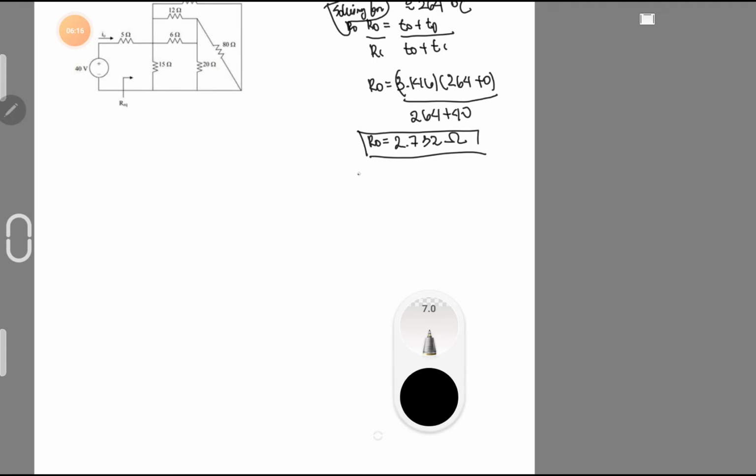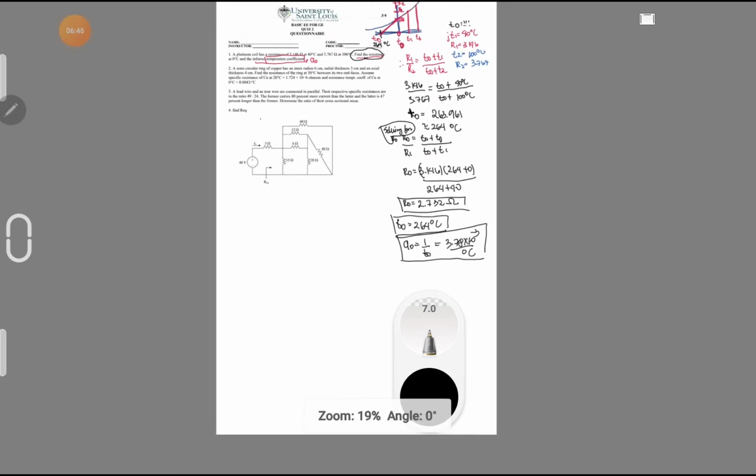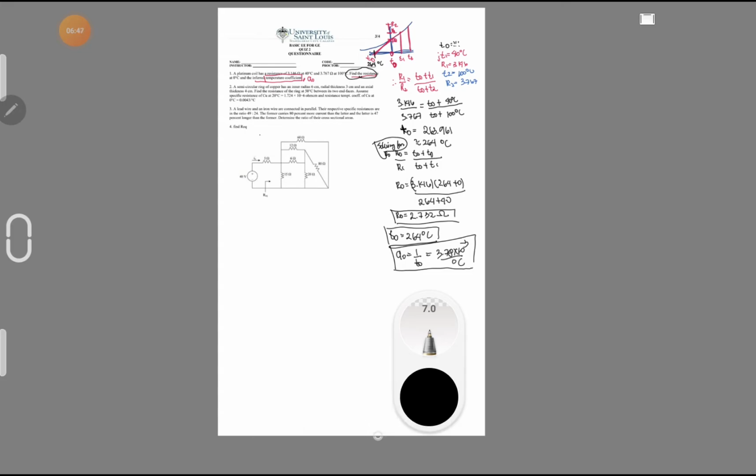Then our TO is equal to 264 degrees Celsius, and our A0 is equal to 1 over TO, which is 1 over 264, so we have 3.78 times 10 to the negative 3 per degree Celsius. A slight difference will be accepted as long as you have the correct solution. So this will be our number 1.